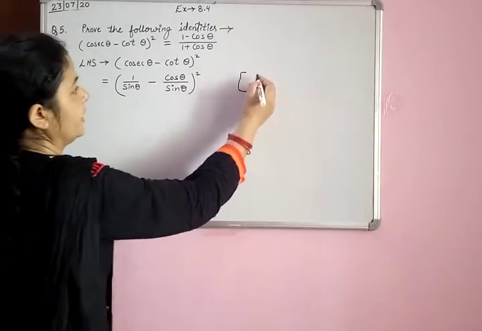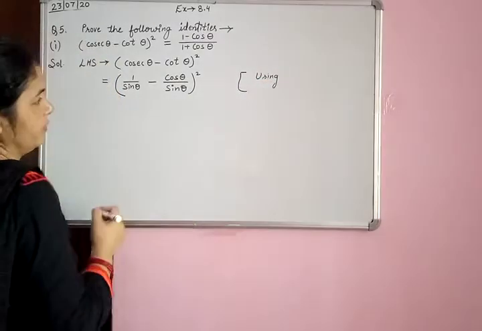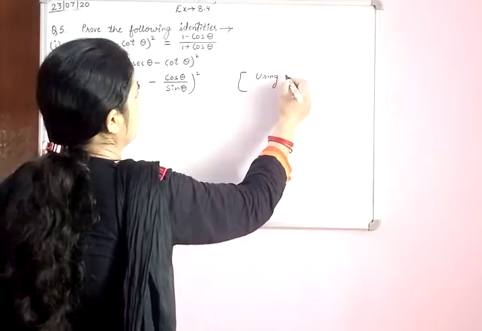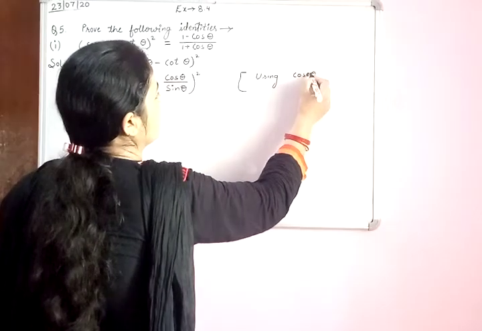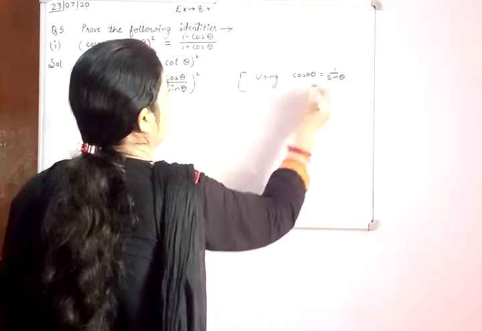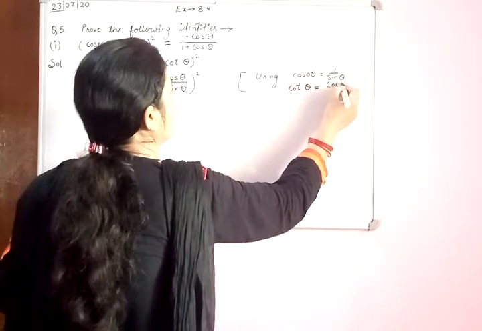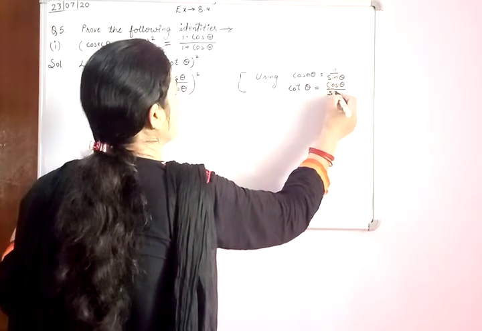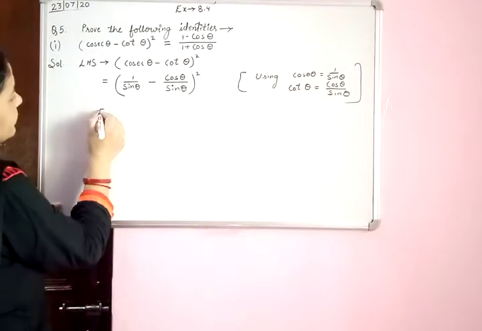Here I am writing those identities which we are using here. So using cosec theta is equal to 1 upon sin theta and cot theta is equal to cos theta upon sin theta. Clear? Now look at here.